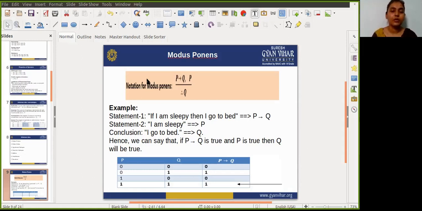So guys, it can be proved by creating a truth table. In a truth table I'm taking the values of two propositions, P and Q, and for that we apply the implication rule. In the first condition both are false.